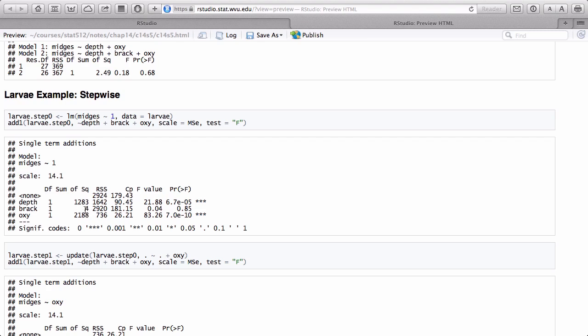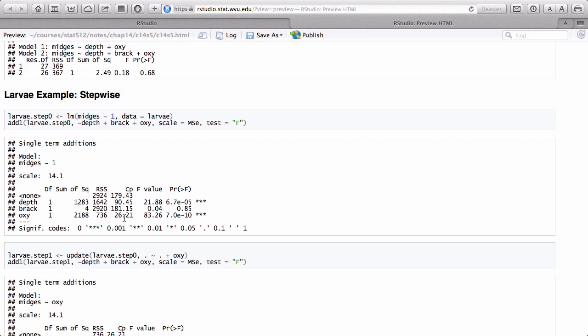And again, the 4 plus the 2920 add together gives you the 2924. And oxygen, it has the smallest residual sum of squares by adding oxygen. Notice the Cp still is pretty large, but it's smallest for oxygen. So I'm going to add oxygen first.